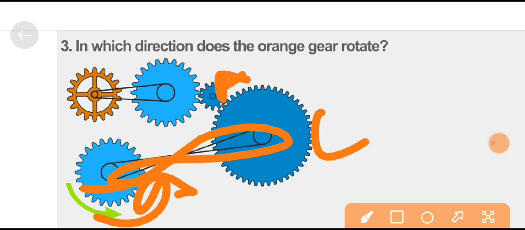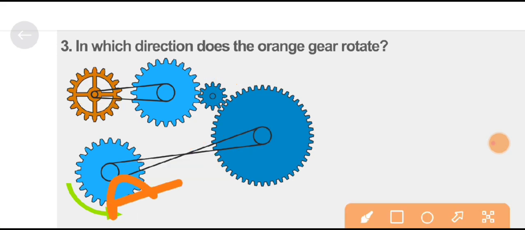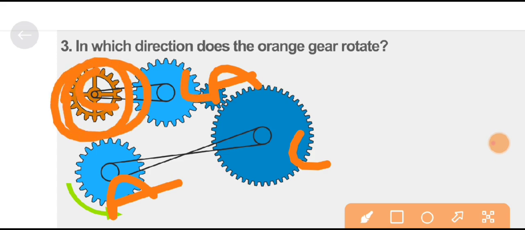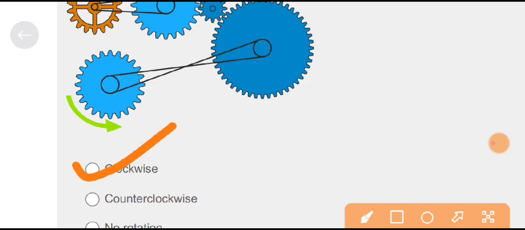Now the belt you can see is a simple belt arrangement, so the direction will be the same, anti-clockwise. Now one more time I have to check, sorry, clockwise direction. So our right answer is clockwise.